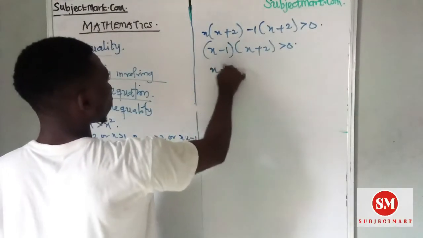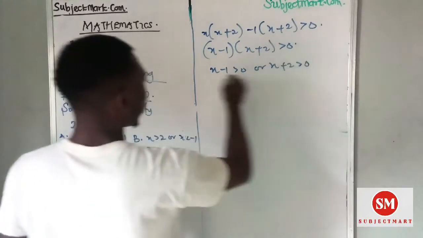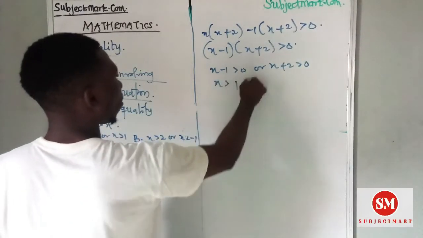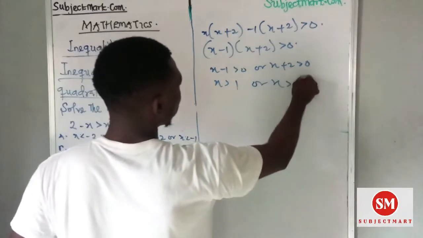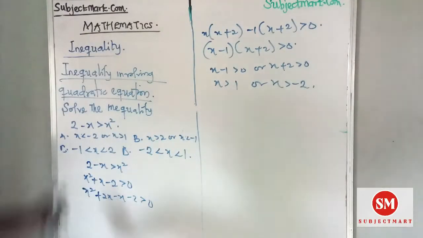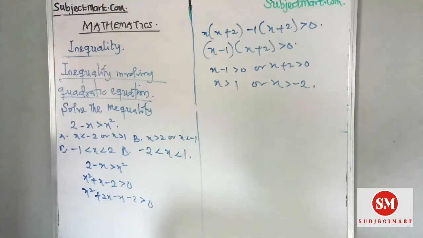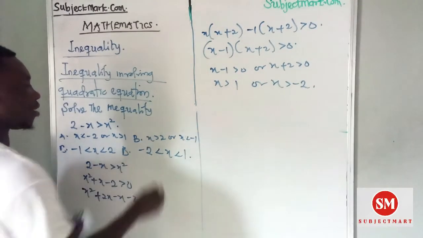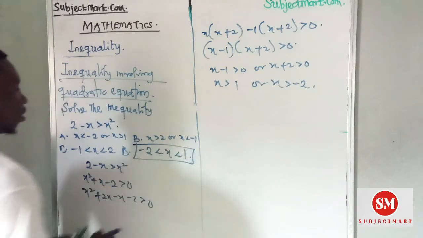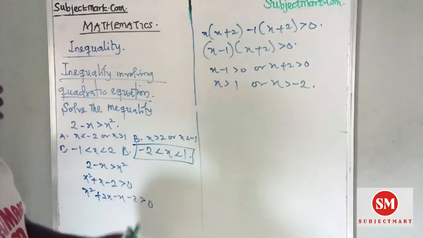So x minus 1 is greater than 0, or x plus 2 is greater than 0. So x here is greater than 1, or x here is greater than minus 2. Now let's look at our options. Obviously not A, so A is out of it. Not B, not C. But now let's look at D. D was arranged in this manner: minus 2 is less than x is less than 1.